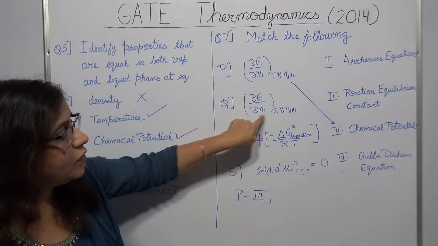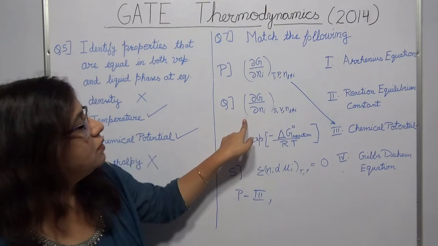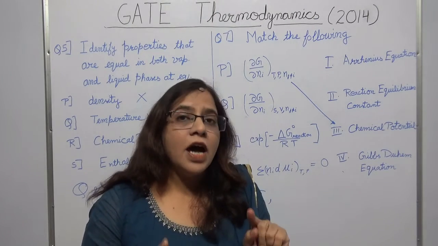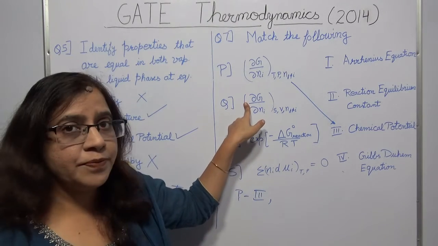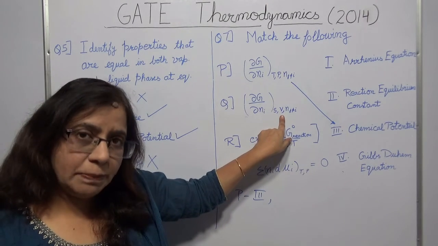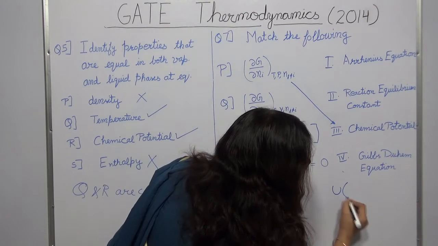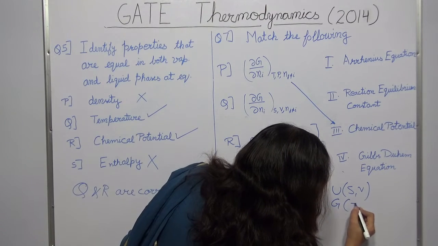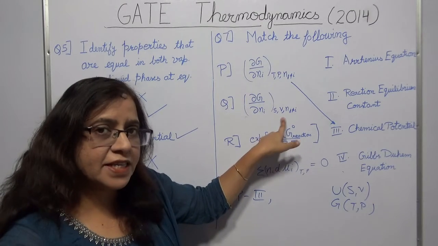Del G by del Ni at constant S, V and Nj where j is not equal to i. Now the way it is written, it is incorrect, because if you had seen my first lecture in this series, I have told you that when you do a Legendre transformation of U to G, you convert S to the variable T and V to the variable P. So G is not a function of S and V. Basically, your U is a function of S and V, and when you do a Legendre transformation, you get G, which is a function of T and P. So you cannot take a partial derivative of G while keeping S and V constant.